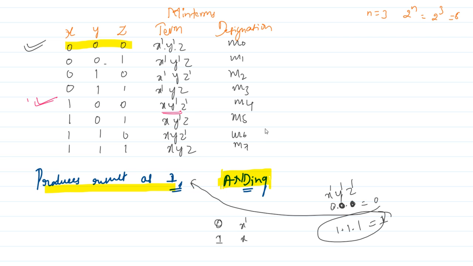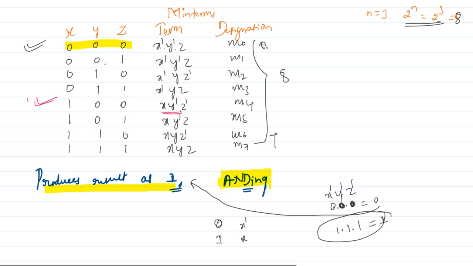How many mean terms do we have? The total is 8, because from 0 to 7 means 8 mean terms. Already you know there is a formula I have written, 2 to the power n. 2 to the power 3 is nothing but 8. So we have 8 mean terms.